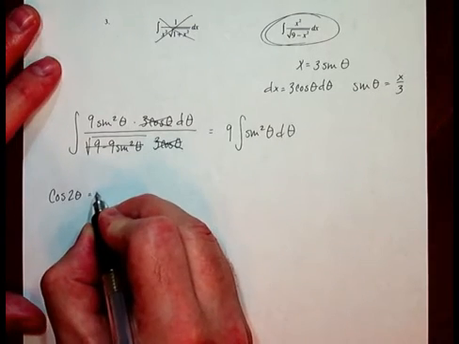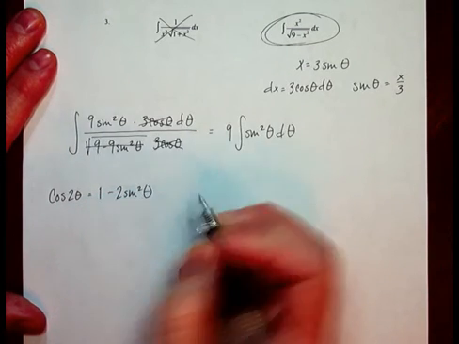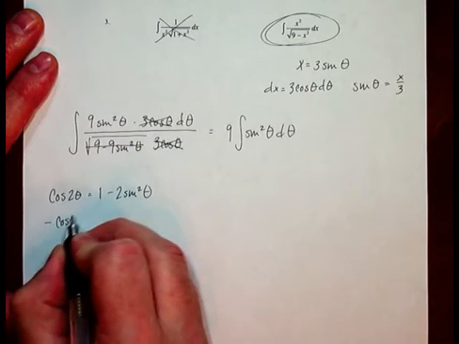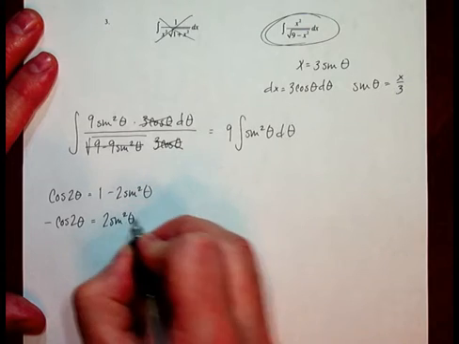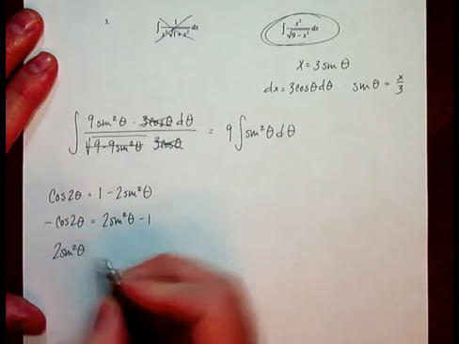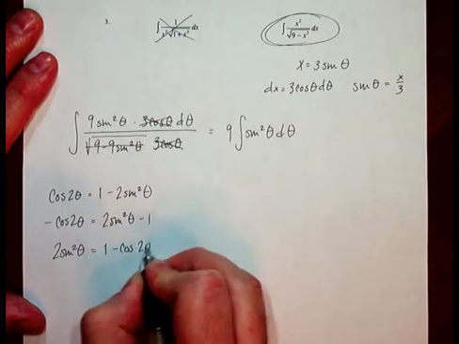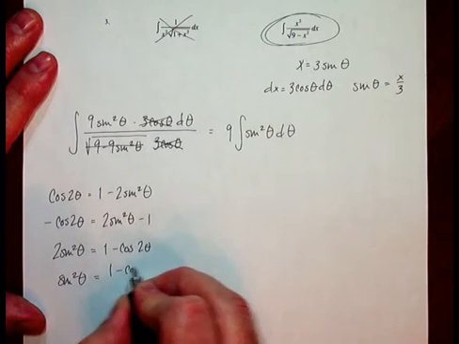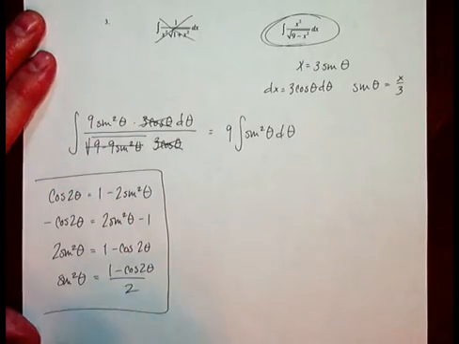But that actually winds up being 1 minus 2 sine squared theta. And all I have to do in order to get my power reducing formula, or my ID, is simply to solve for sine squared, right? So sine squared theta is equal to 1 minus cosine 2 theta over 2, okay? So that was our sort of little aside.